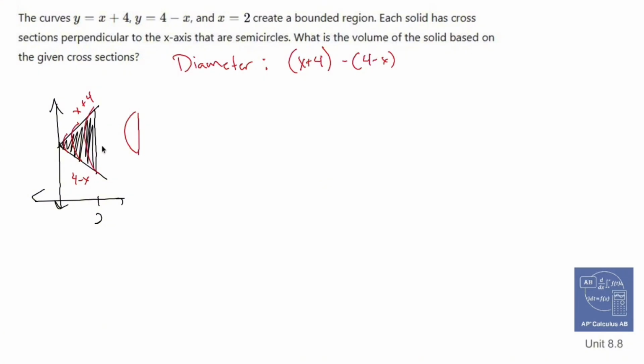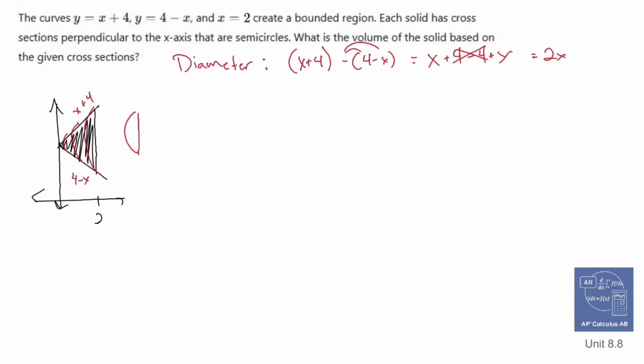And of course, that diameter changes depending on what the x value is. Right here, the diameter is nothing. But as you move to the right, that diameter stretches, and it's completely dependent on what's happening here. So let's distribute that negative. We have x plus 4 minus 4 plus x, cross those out. 2x is going to be what my diameter looks like.